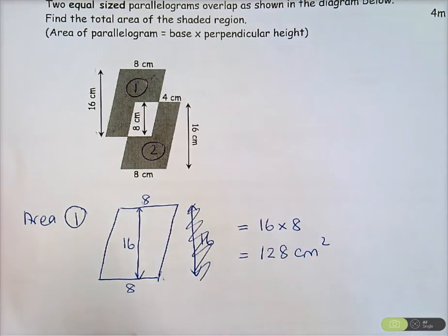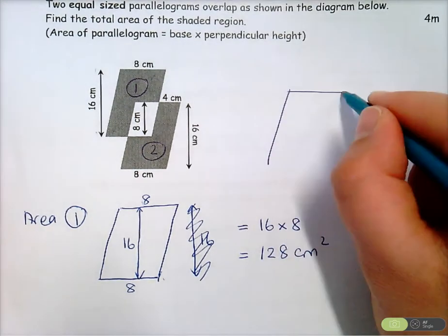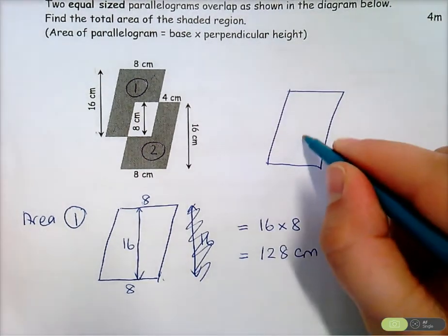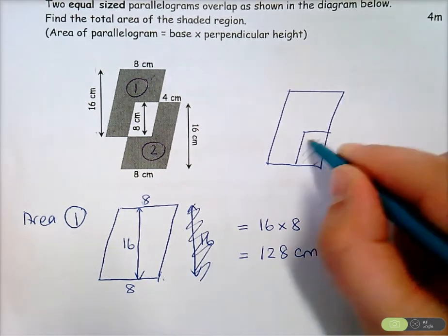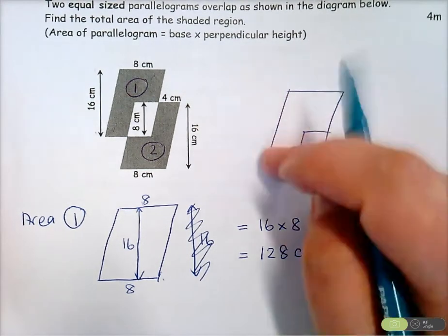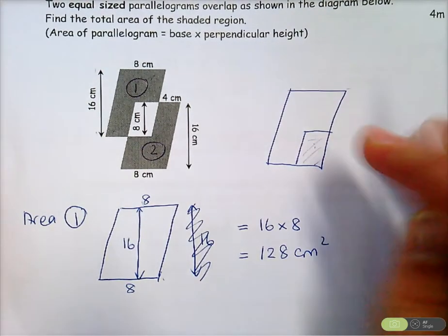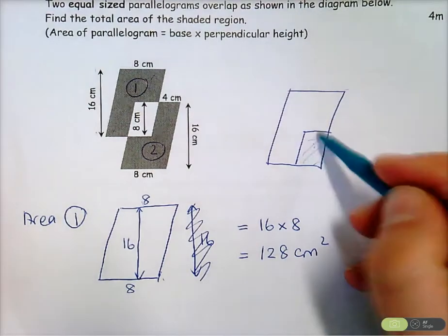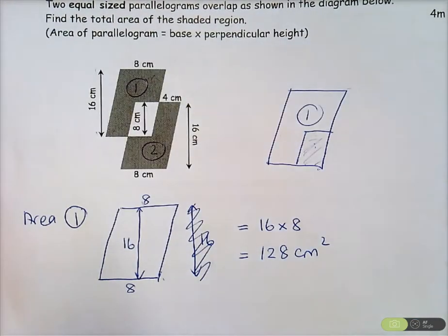What if I cut this out? Aren't you left with that shape? If I take the big parallelogram and cut out the small one, I'm left with shape number 1.